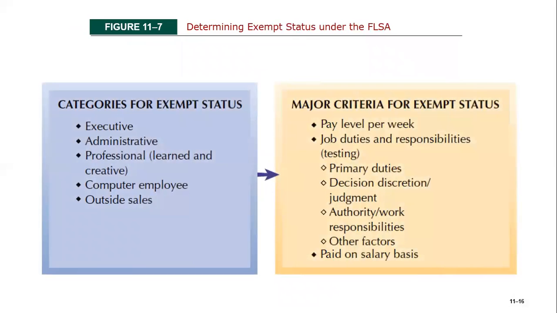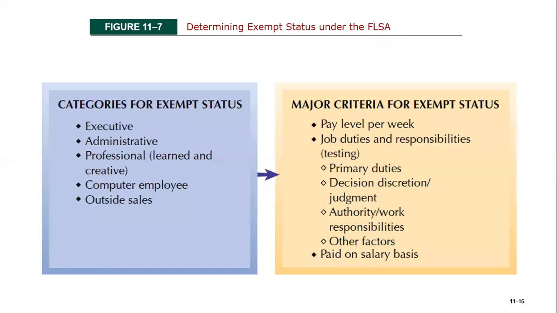Determination: how are you going to determine the status under the FLSA? The Fair Labor Standards Act is an act that is actually practiced in America, but generally we can also use these criteria to determine who should be paid overtime, who should be referred to as exempted and non-exempted employees.